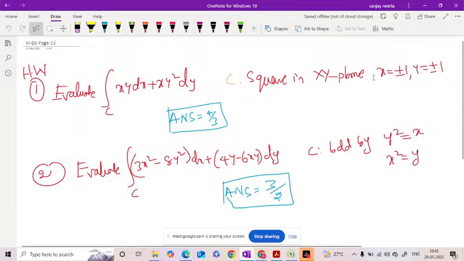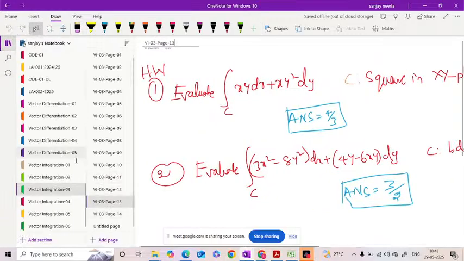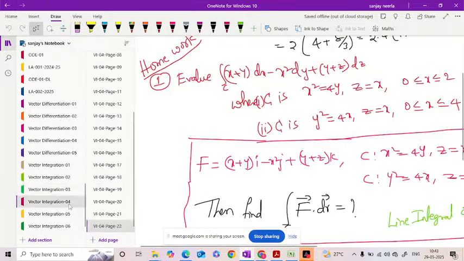So already we know the answer, 4 by 3. Now we will solve this problem three ways: by using the line integral, by using Green's theorem, and by using Stokes theorem. Already we know the result, 4 by 3. This is our first question, and the second question we will solve according to the time.